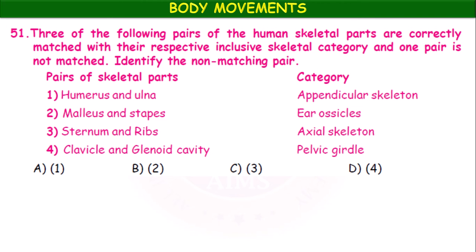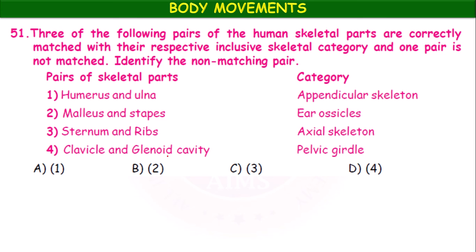Next, 3 of the following pairs of the human skeletal parts are correctly matched with their respective inclusive skeleton category, and 1 pair is not matched. Identify that non-matching pair. So, here the pairs of skeletal parts and the category are given. The first one, humerus and ulna, is a part of appendicular skeleton. Then option 2, malleus and stapes, ear ossicles. Option 3, sternum and ribs, axial skeleton.